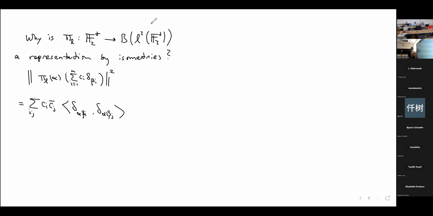So this equals the sum over i of absolute c_i squared if the following holds: alpha beta_i equals alpha beta_j implies beta_i equals beta_j, for all betas.